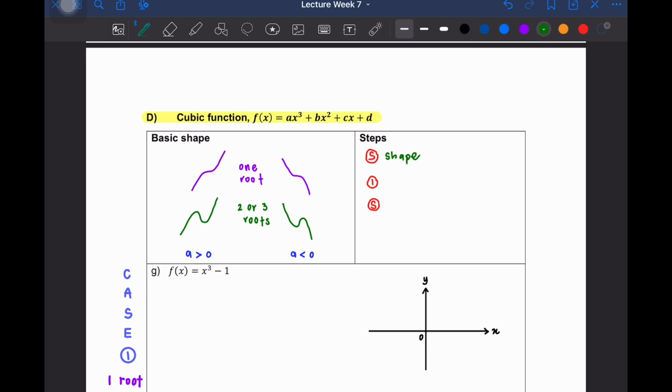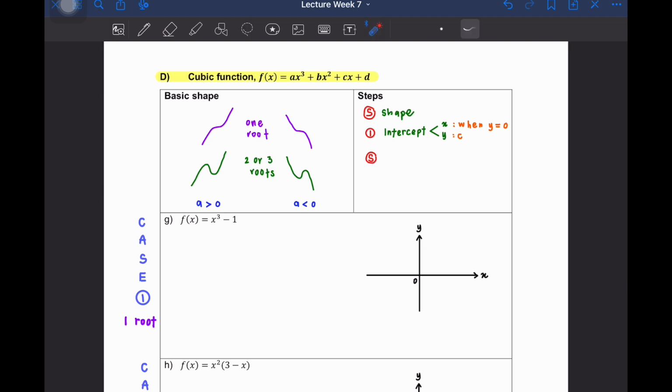And then I stands for intercepts. Intercepts as usual, there will be X-intercept and also Y-intercept.